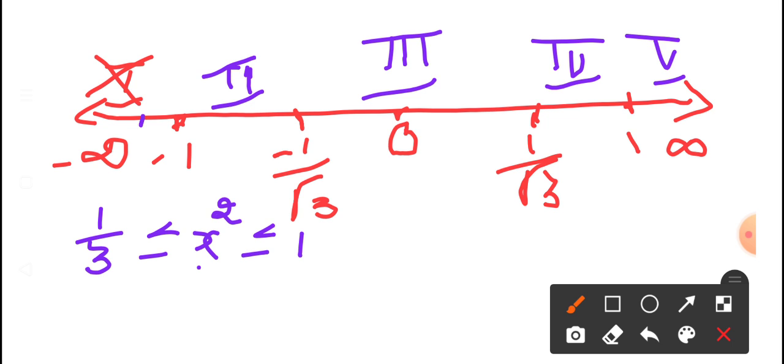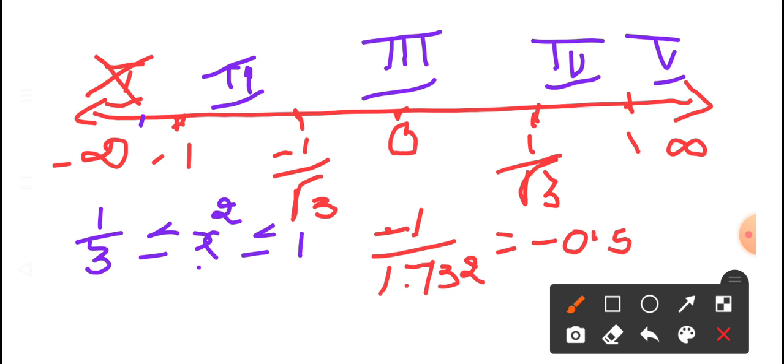In the second interval we select a numerical value. We assume here -1/√3. The root 3 value is 1.732, so -1/1.732, approximately equal to -0.5 something.